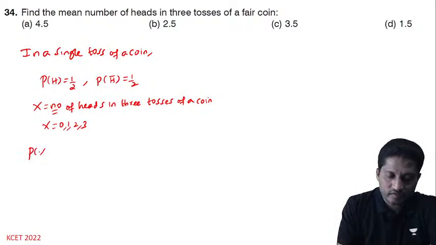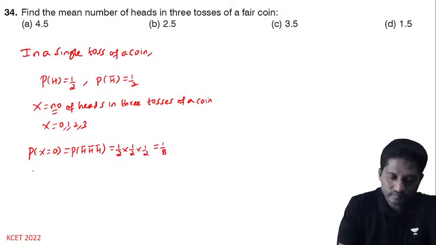Probability of X is equal to 0: non-head in the first toss, non-head in the second toss, non-head in the third toss. 1 by 2 into 1 by 2 into 1 by 2 is 1 by 8. Probability of X is equal to 1: 1 head and 2 non-heads.